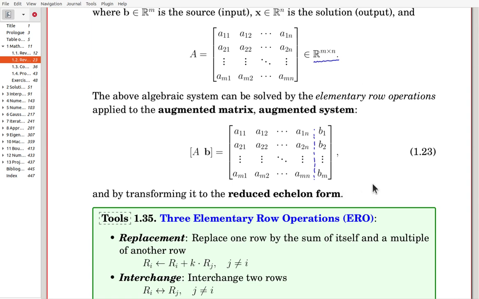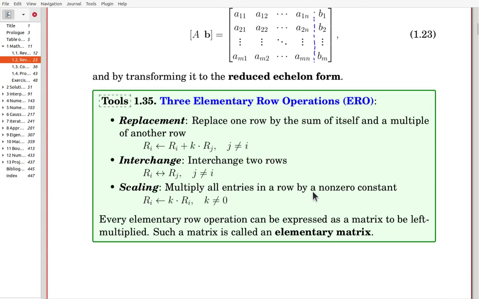Once you make it that way, then by using elementary row operations, you can solve the problem. Here we have 3 elementary row operations: replacement, interchange, and scaling. I believe you know this one quite well. In fact, the 3 elementary row operations are the major tool for linear algebra.